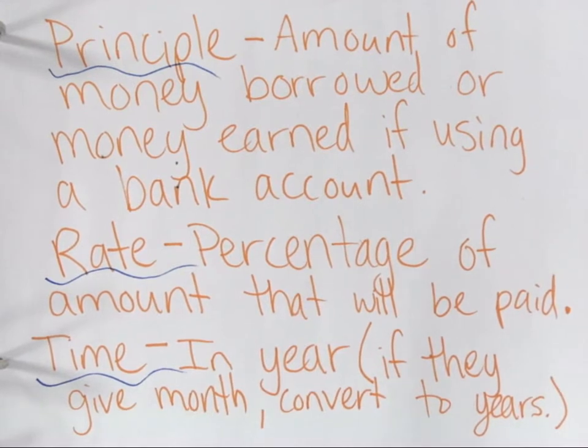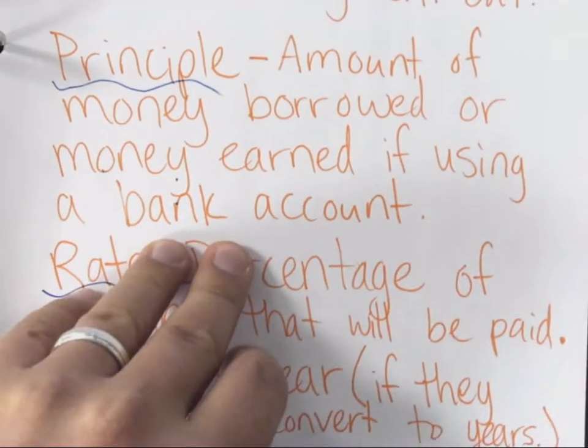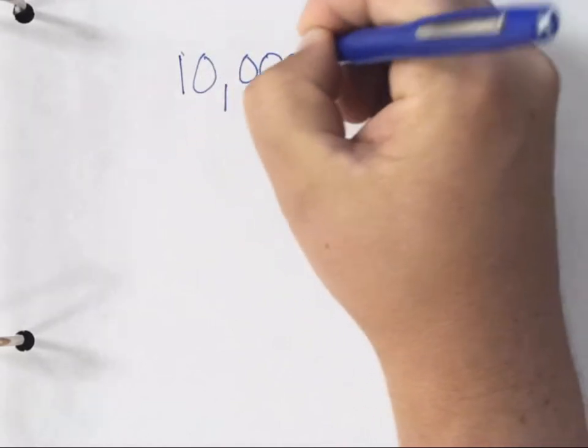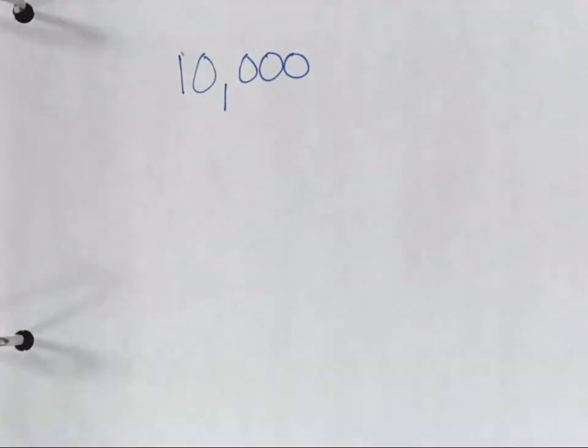So let's give an example. Let's say we have a principal, or the amount of money that we borrowed, of $10,000. Maybe we want to buy a car that costs $10,000.